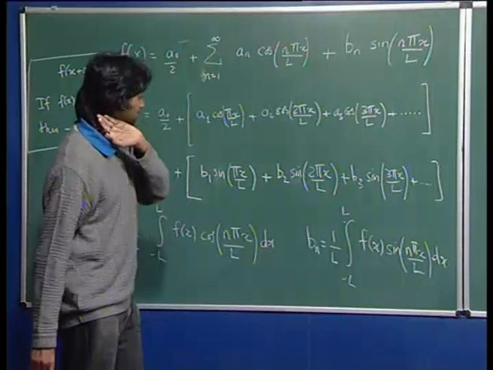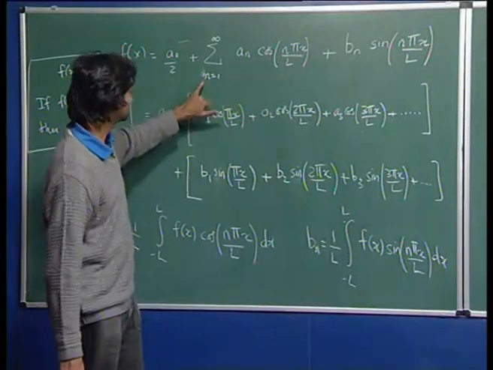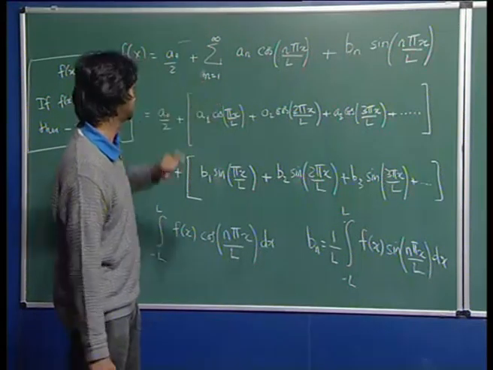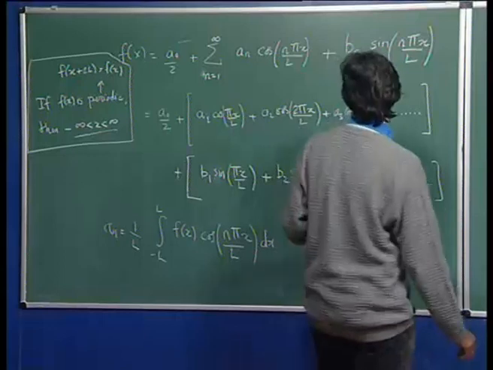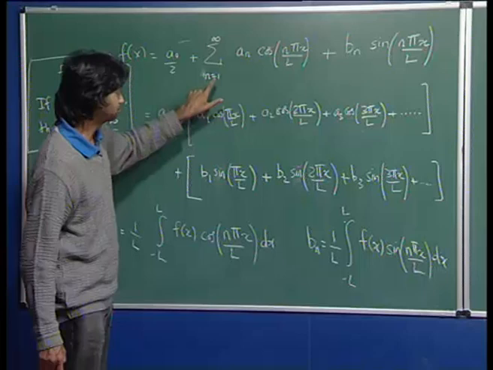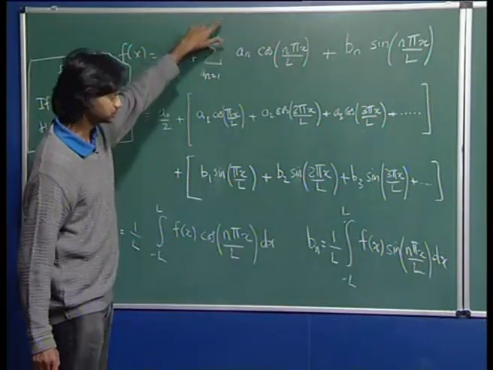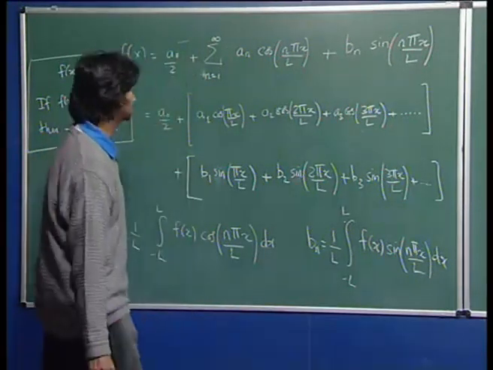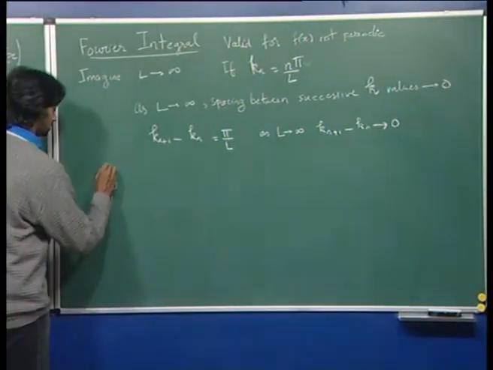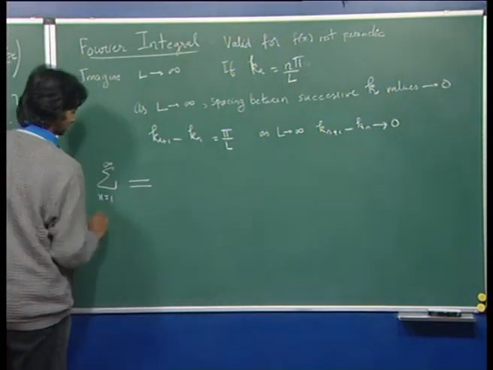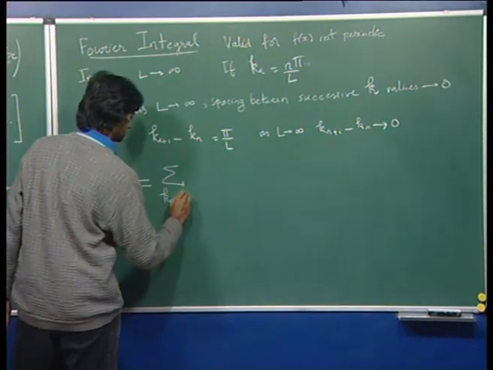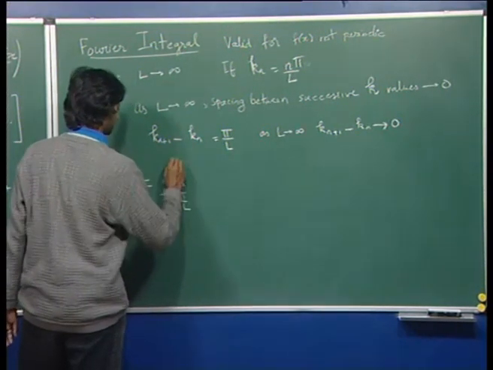Now, instead of writing this as a sum over n equal to 1 to infinity, I could write this as a sum over k n, from pi by L to infinity.